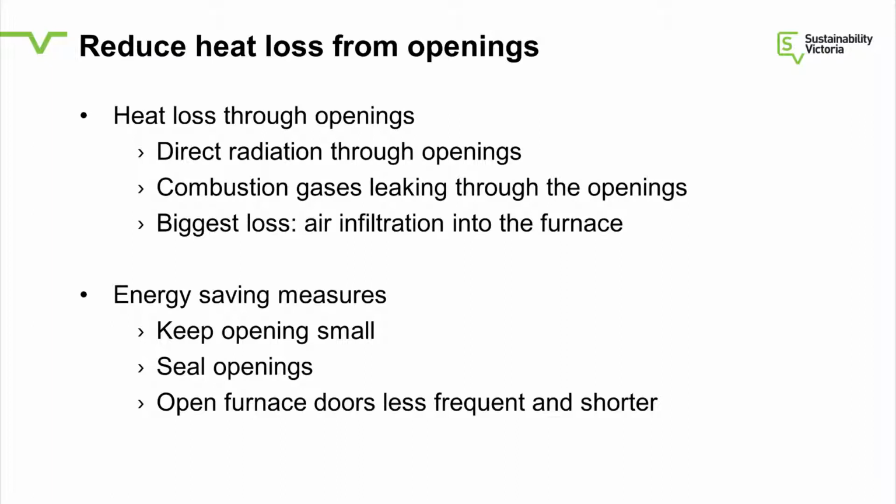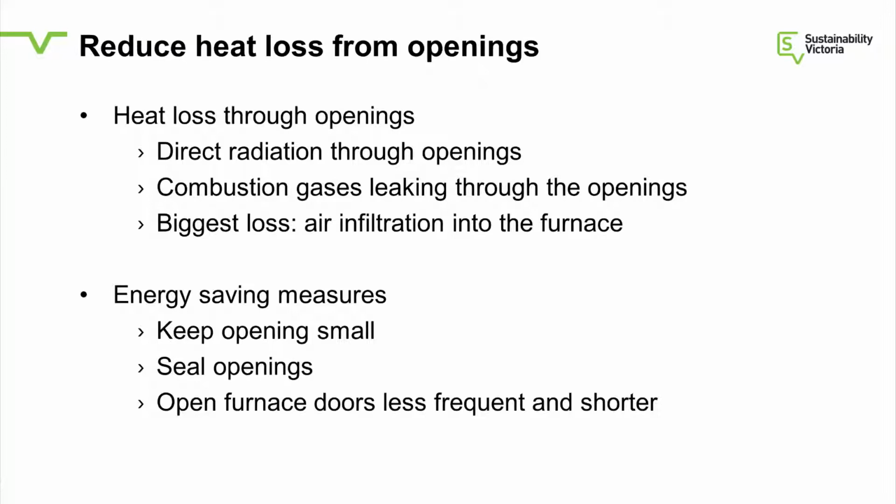Reduce heat losses from openings. A lot of furnaces and kilns, brick kilns and things, will have holes in them so that you get air being sucked in or heat being pumped out. Basically, the thing there is to fix all those leaks so that the combustion can work effectively. Keep openings small, seal any openings you don't need, and open the furnace doors, particularly in batch furnaces, less frequently and for shorter periods.